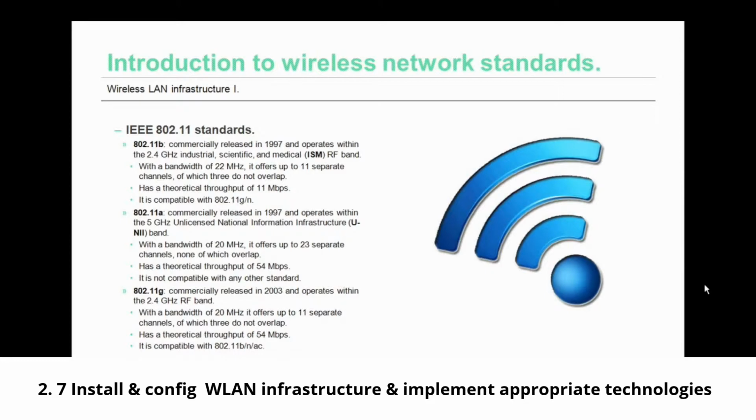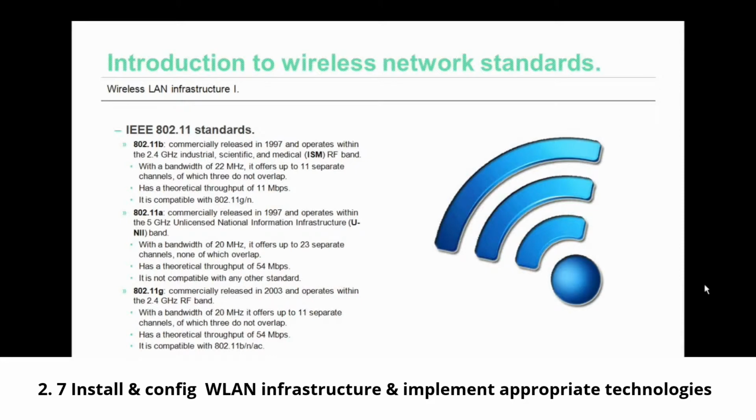Within the 2.4 GHz RF band, it uses multiple channels that are 22 MHz wide. There are 11 separate channels, of which only 3 do not overlap. 802.11b has a theoretical throughput of 11 megabits per second, and it is compatible with the 802.11g and N standards.